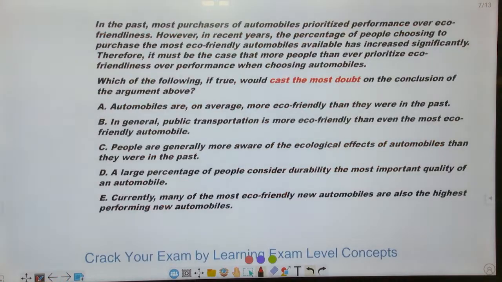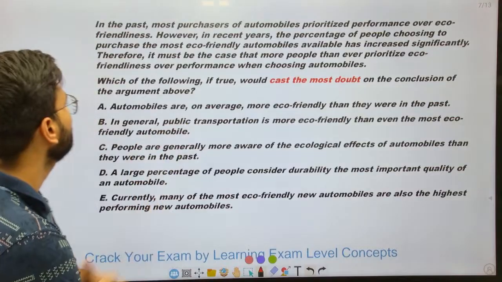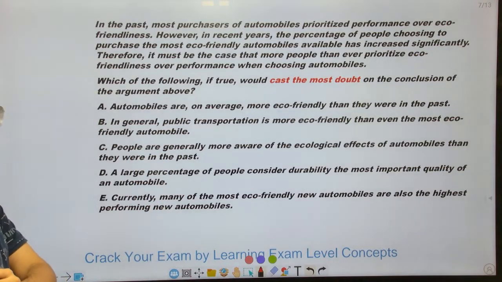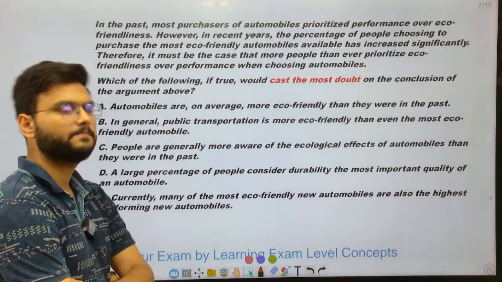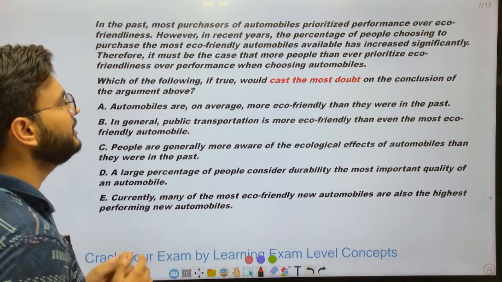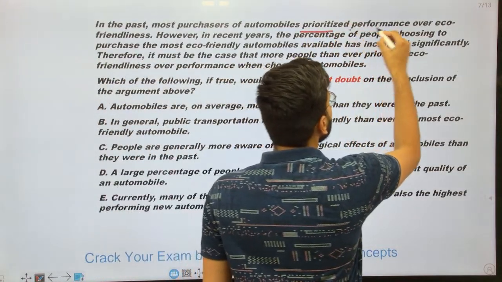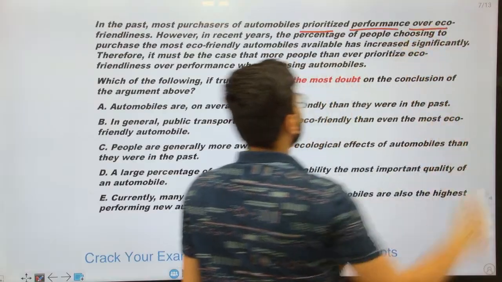Okay, next. Now we have one more question. Let's see. This says that in the past, most purchasers of automobiles prioritized performance over eco-friendliness.